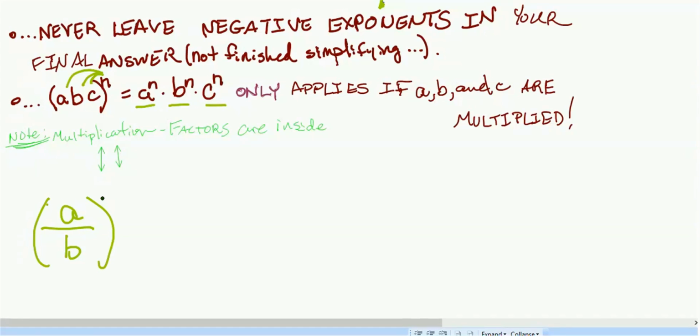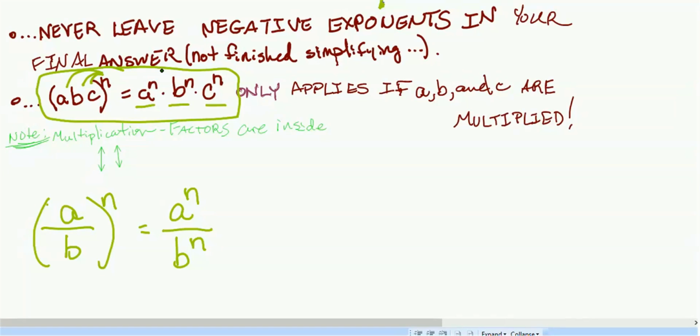If I have a over b to the nth power, remember that the numerator and the denominator both get raised to that power individually. But note this rule that I'm circling only works if there's multiplication inside those parentheses on the left side.